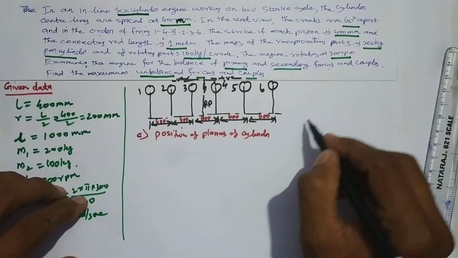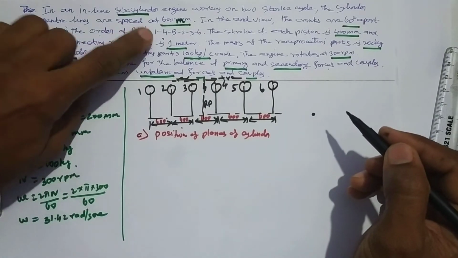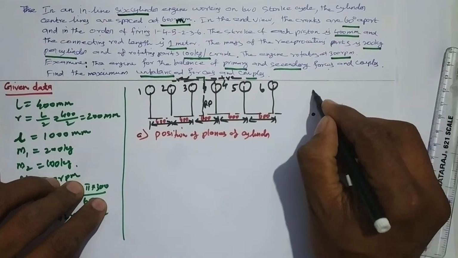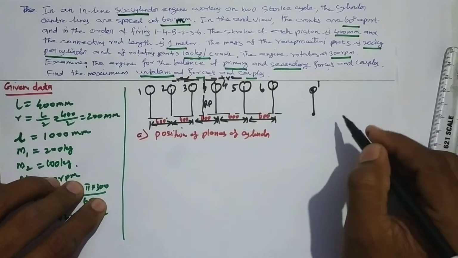Next, the angular position diagram. First, you mark the first cylinder, always vertical.